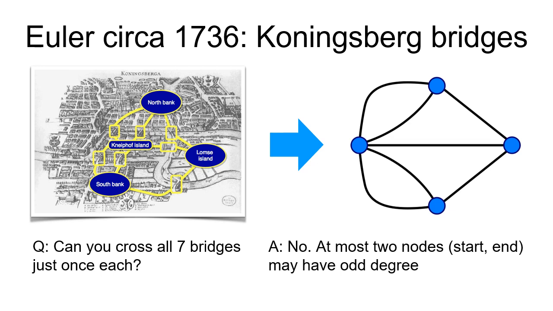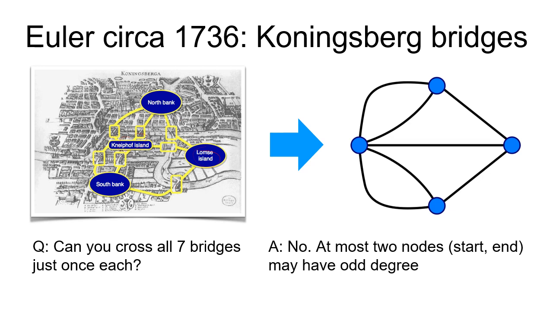In this city, Königsberg, you have two islands, and the two islands are connected by bridges. There are 7 bridges. Some people want to cross each bridge only once and visit some other places. So their question was, can you cross all 7 bridges just once each?